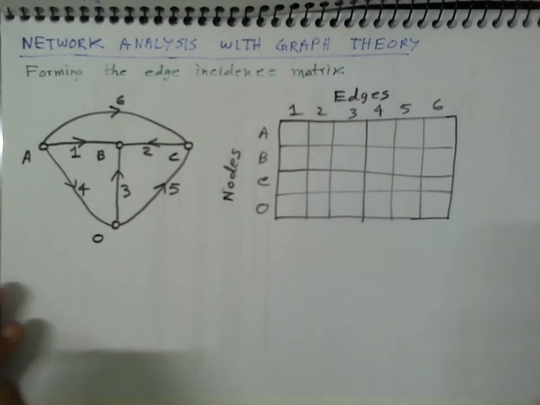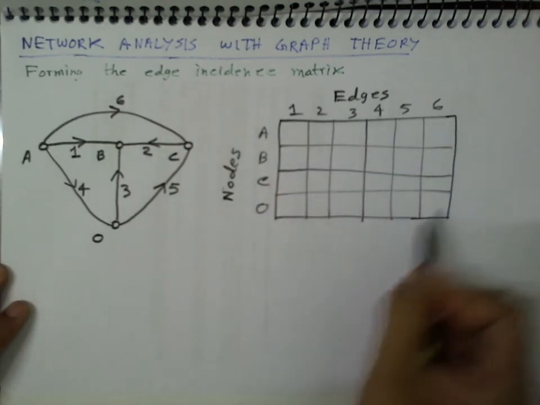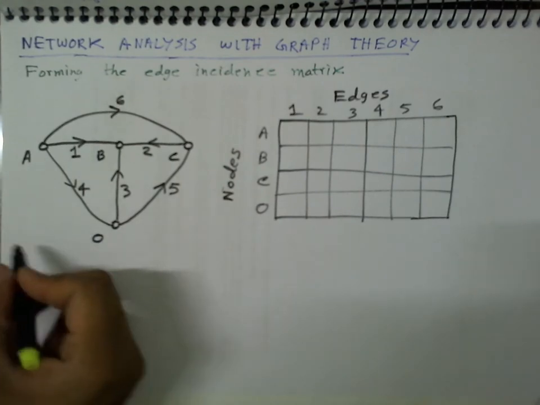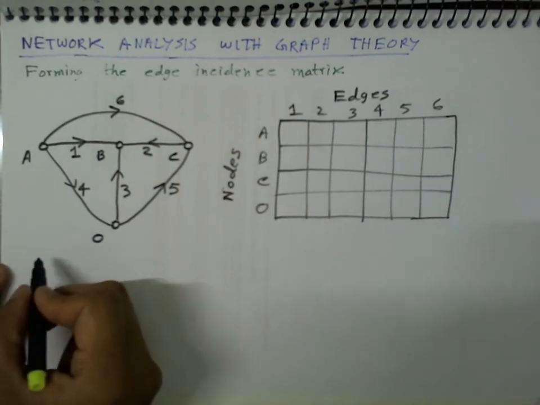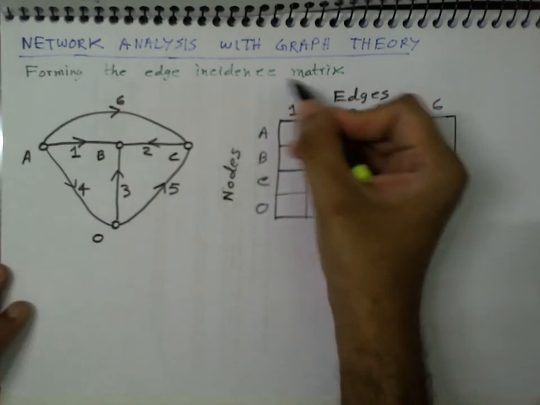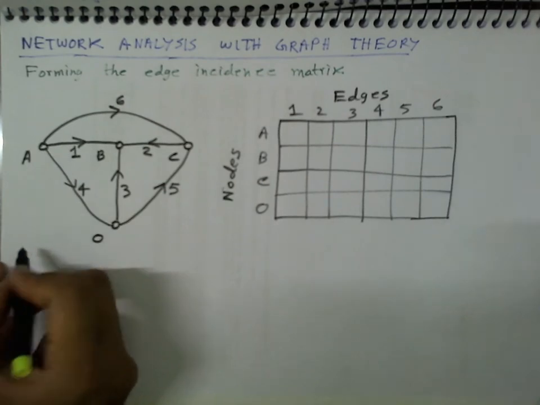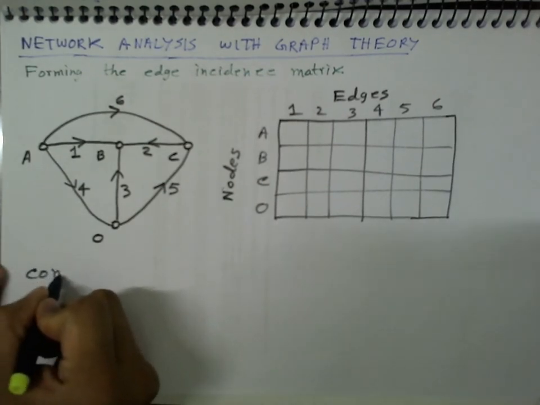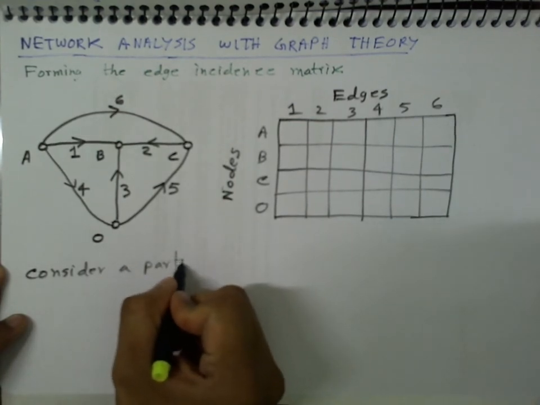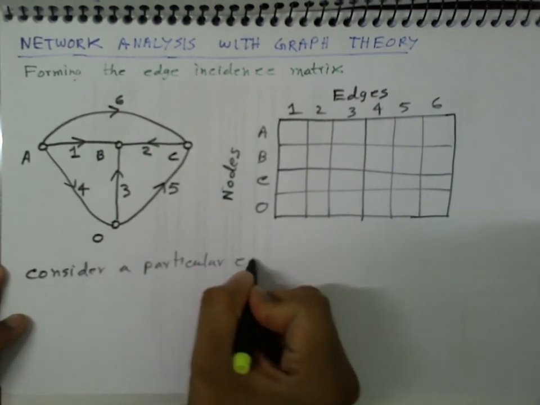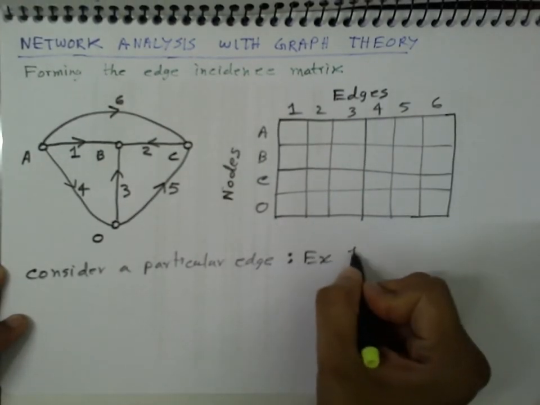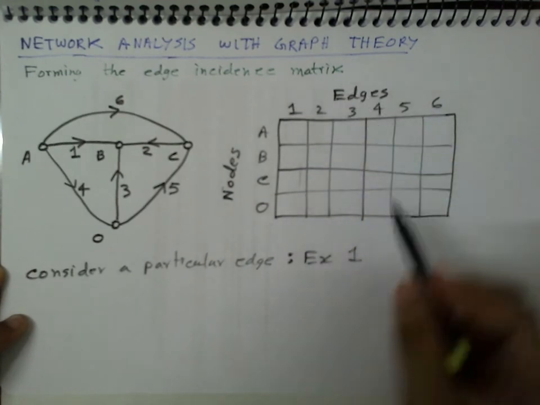Okay, and then we will fill up this table with the elements such that, consider a particular edge, any particular edge. Example, edge number 1, let's consider this one.